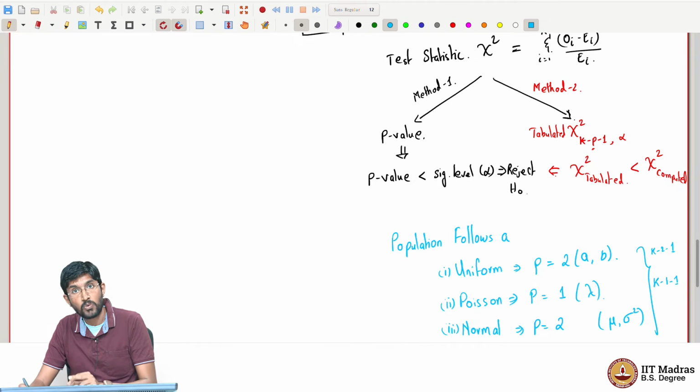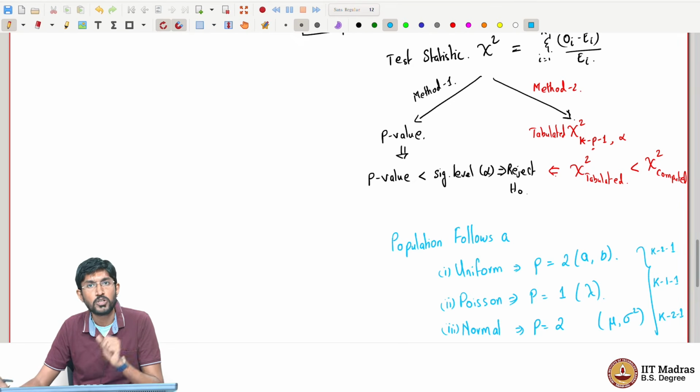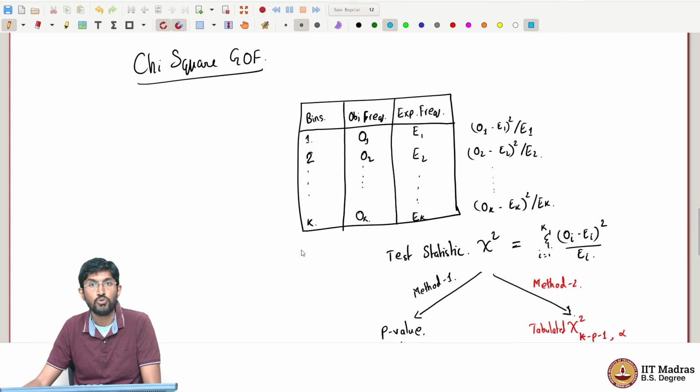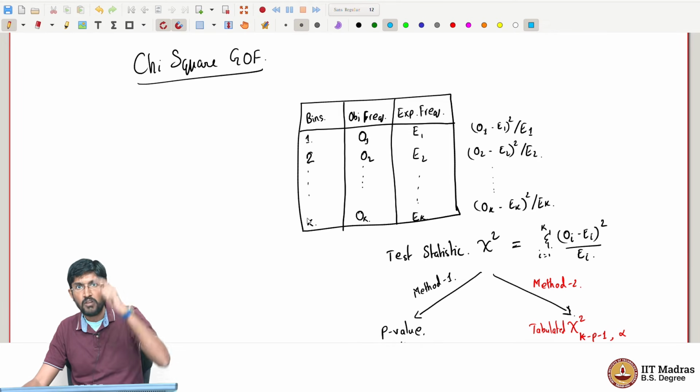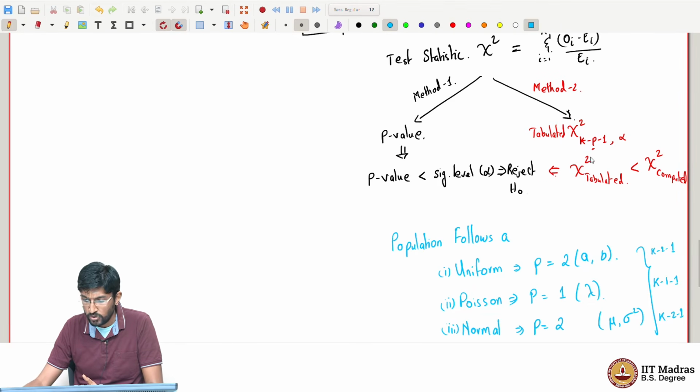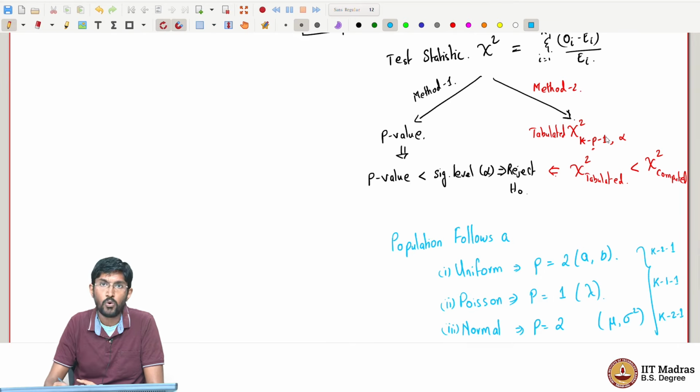It will be k minus 1 minus 1 for a Poisson distribution, and k minus 2 minus 1 again for your normal distribution, and k is going to be the number of bins that you use, right? So, k is the number of bins, p is the number of parameters that you are going to compute using the sample for the population, and minus 1 is an additional degree of freedom that you will be losing. So, this is the degrees of freedom, DOF.